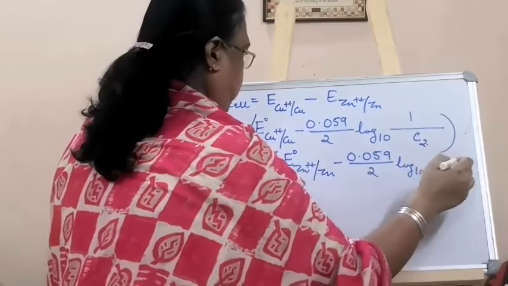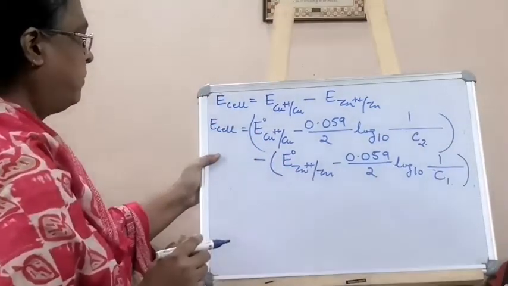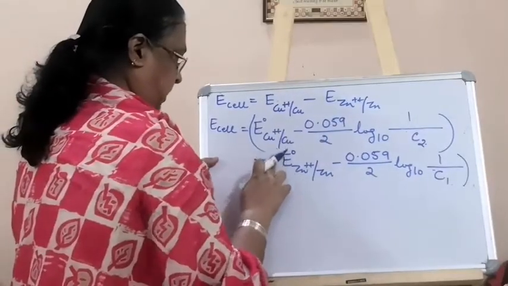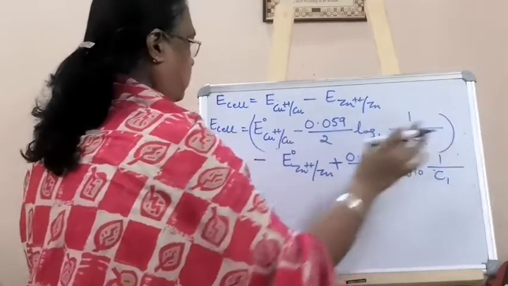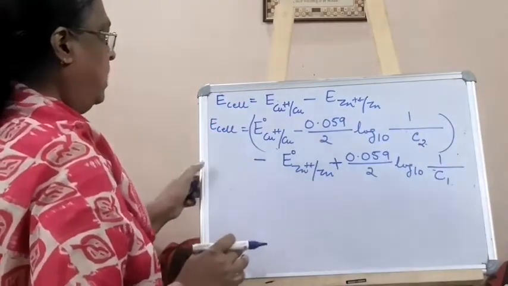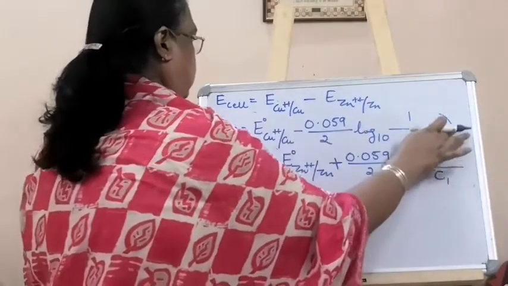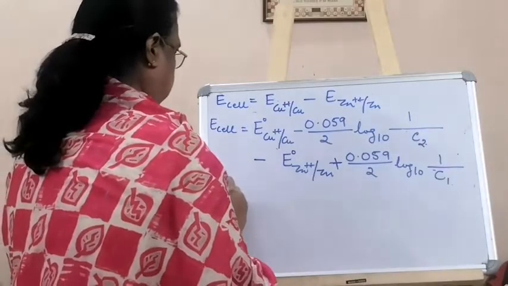So this is C1. Then if you open the bracket, the sign will change. This is minus and this will become plus. Now if you remove this bracket, you can take the common terms.